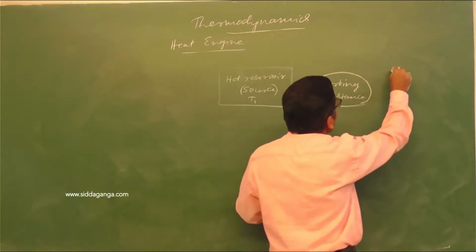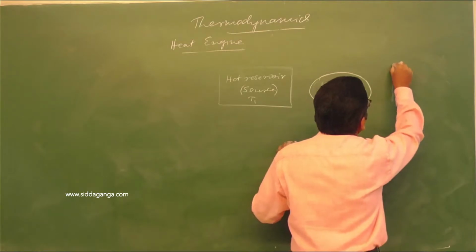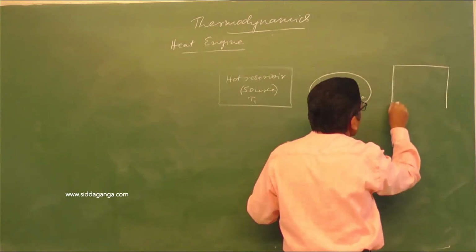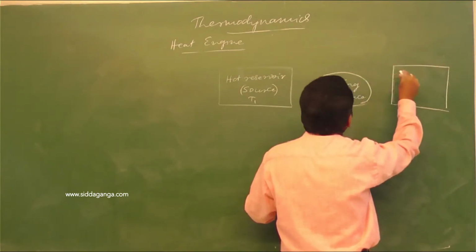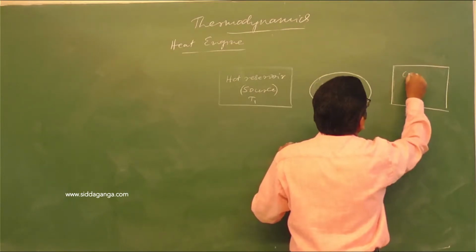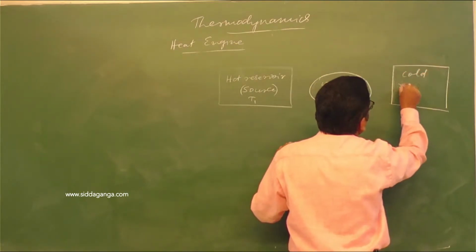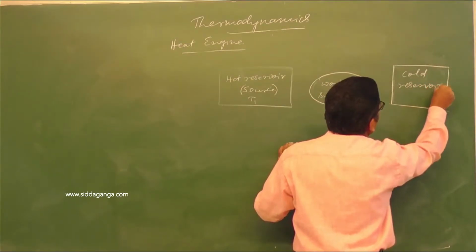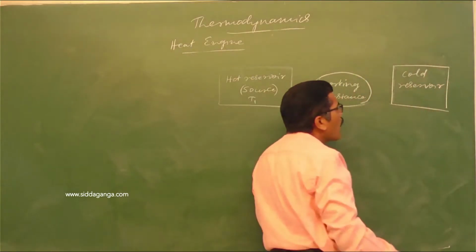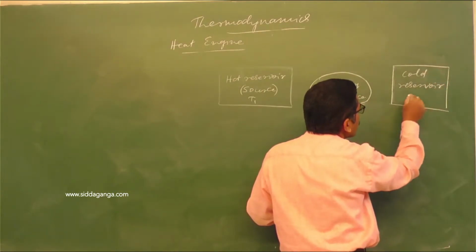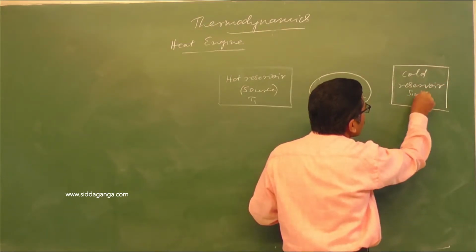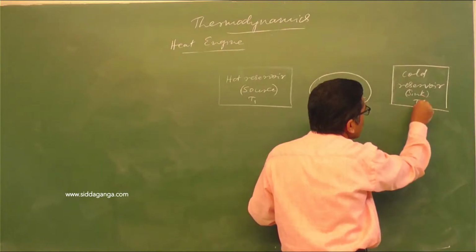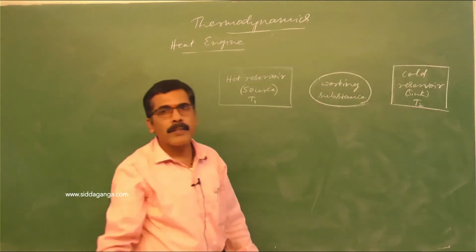And then we must have a cold reservoir, which is at a constant low temperature T2. This is also called the sink. Generally it is called sink. It is at a constant low temperature T2.